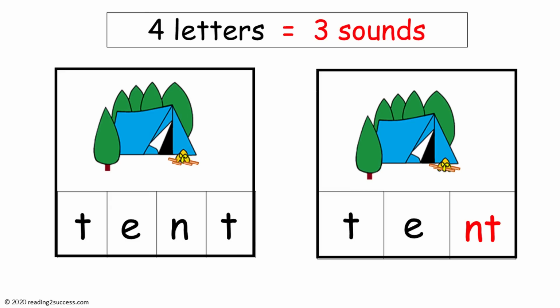With kids, look at the first word that has our digraph NT. Tent. It has 4 letters, T-E-N-T, but it only has 3 sounds because the N-T come together to make nt. So our word is nt.